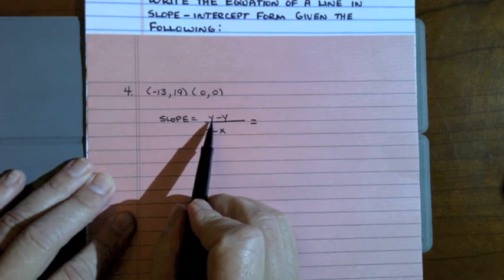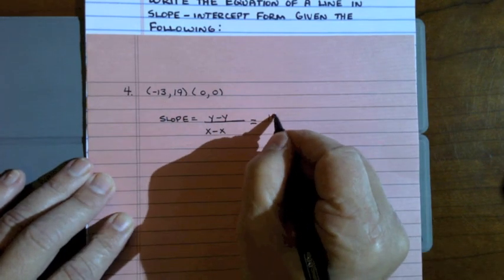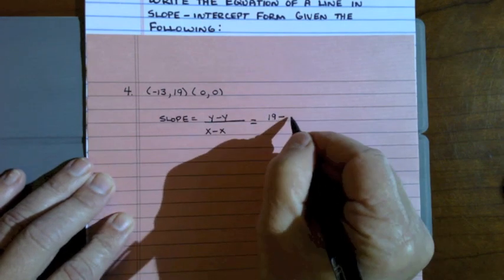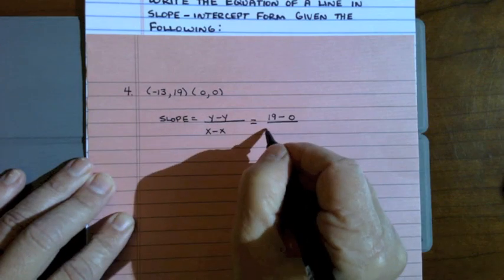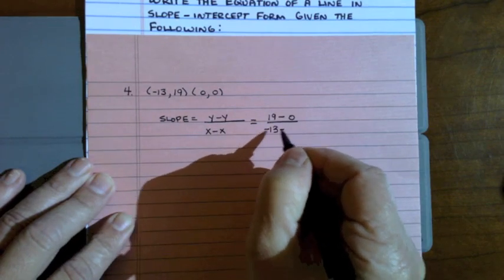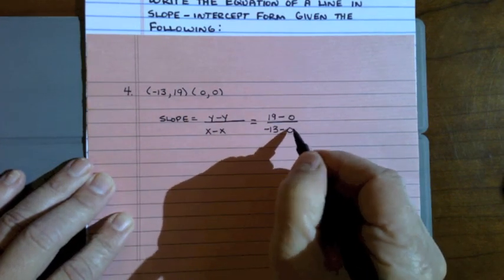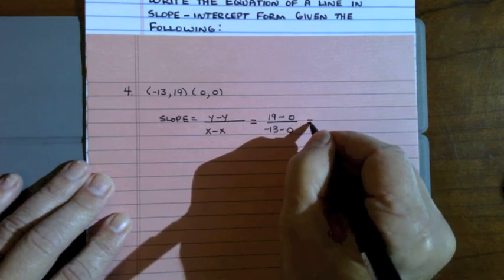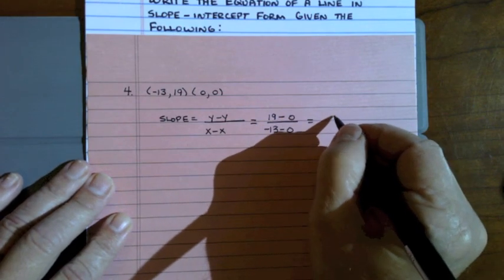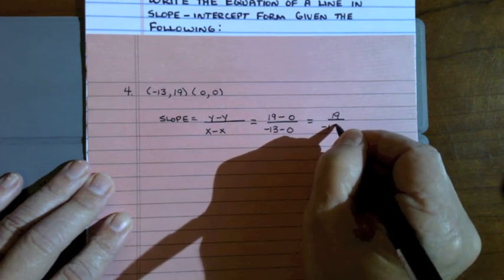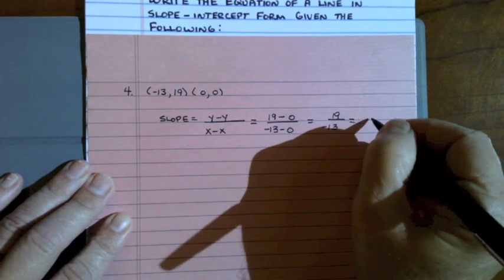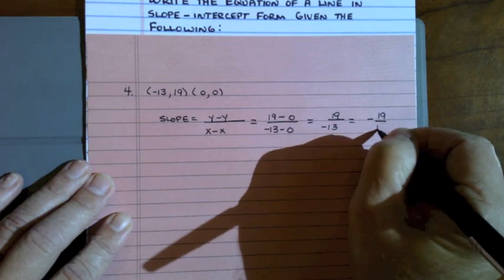My first y is 19 minus my next y is 0. My first x is negative 13. My second x is 0. 19 minus 0 is 19. Negative 13 minus 0 is negative 13.